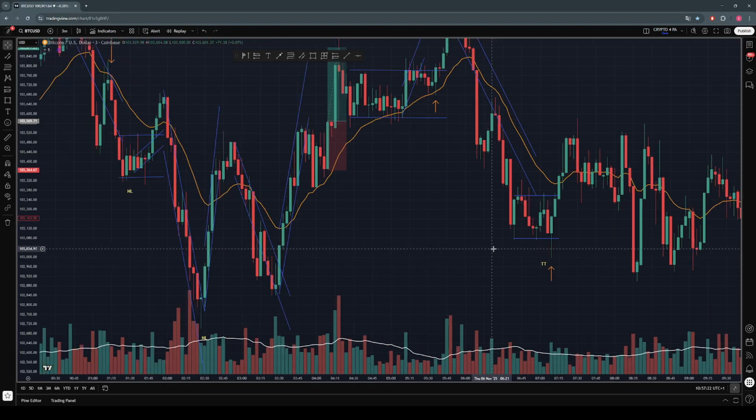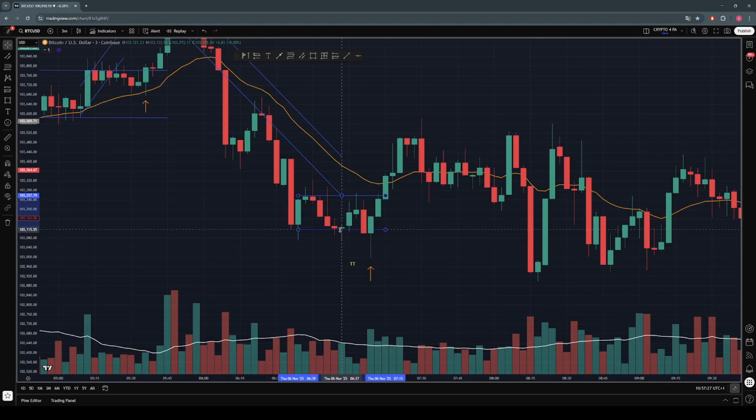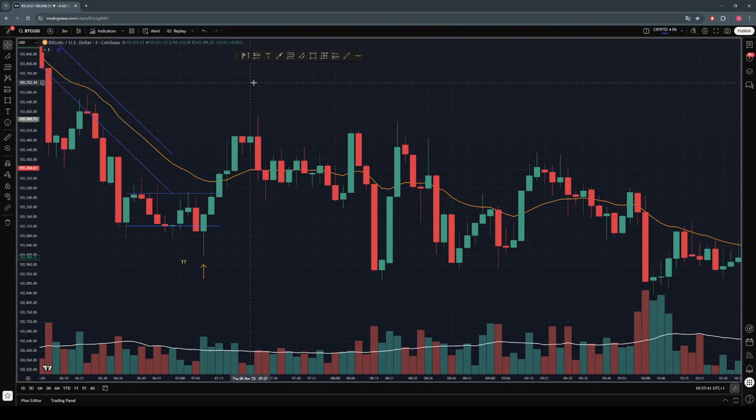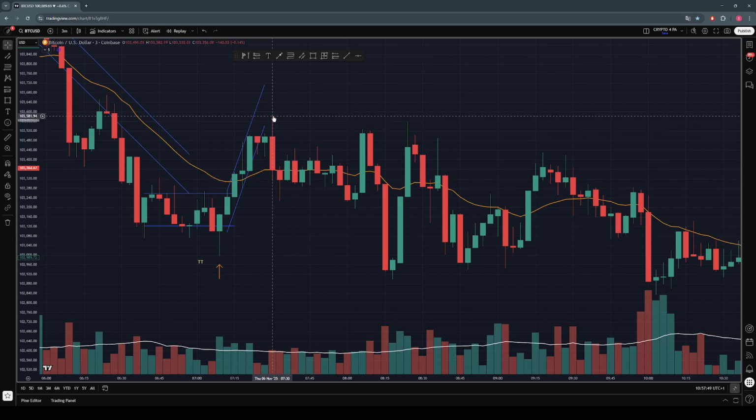It's like there is so much interest here to buy. But again, you see, we can do second entry and do shorts here.